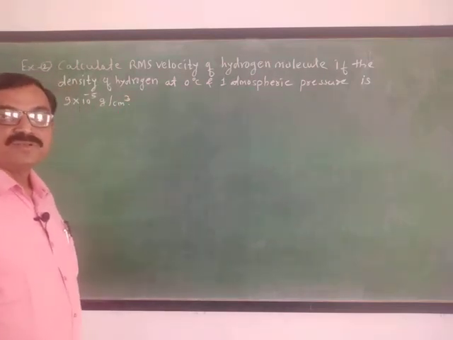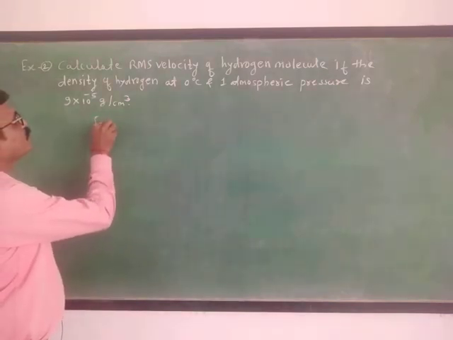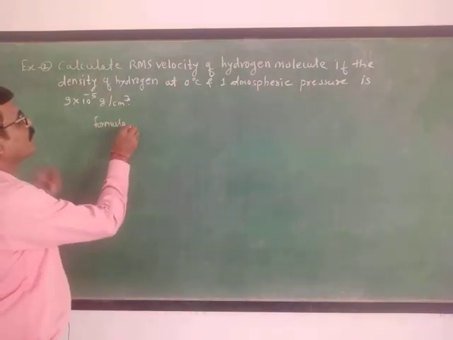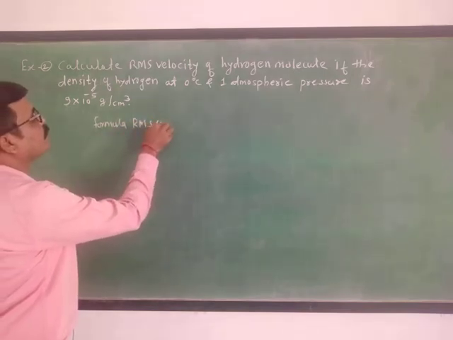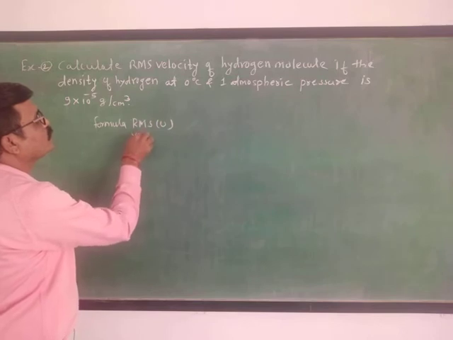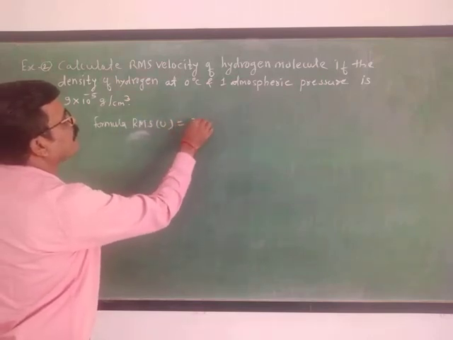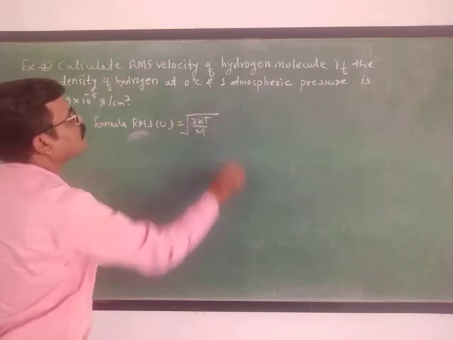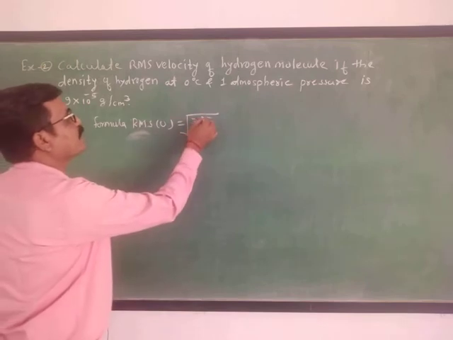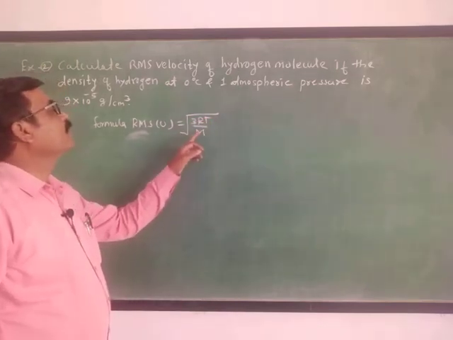First of all, see the formula. You know the formula. What is the formula? The formula for RMS velocity, U, is equal to root of 3RT upon M. In the previous example, you know R is the gas constant, 8.314 joules per Kelvin per mole.